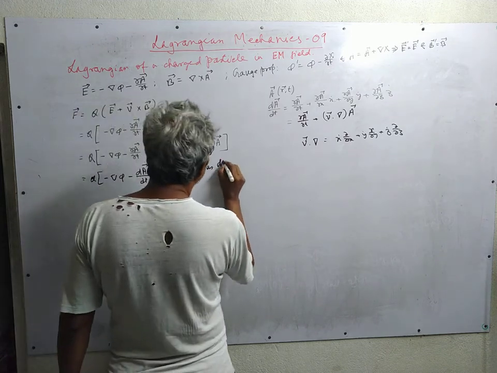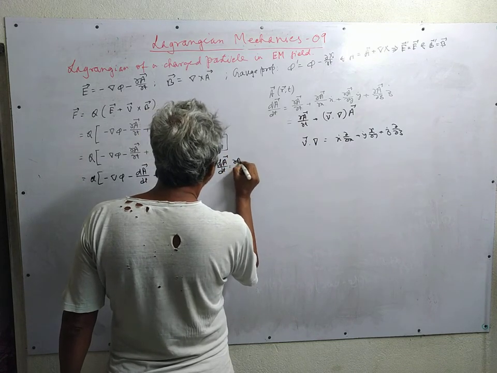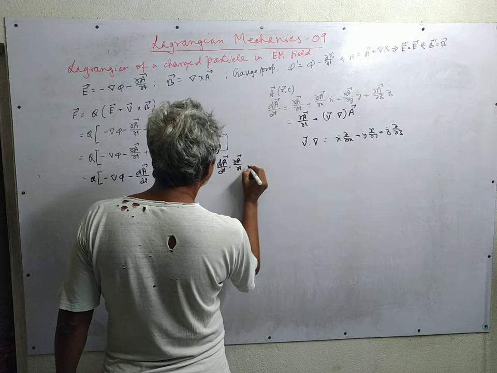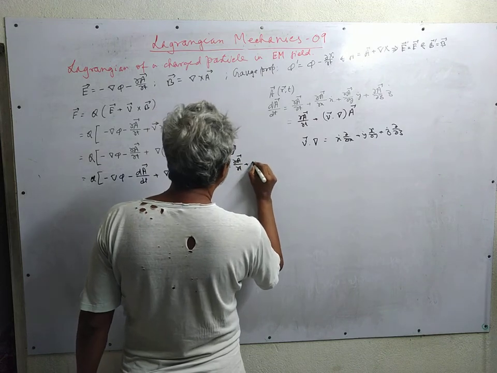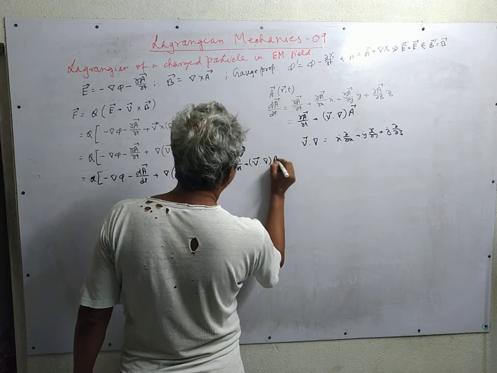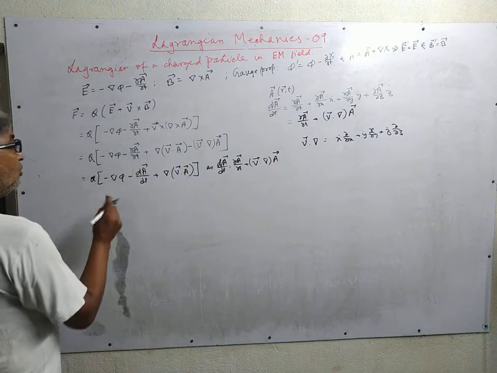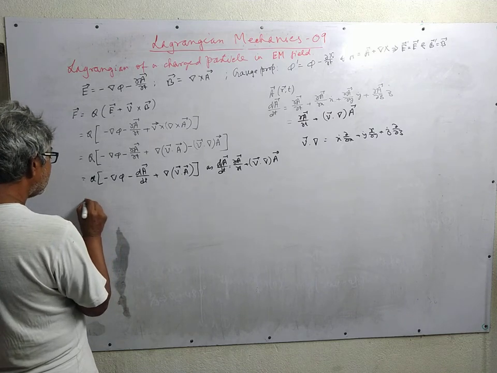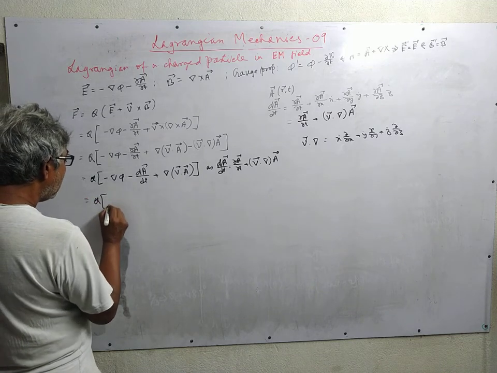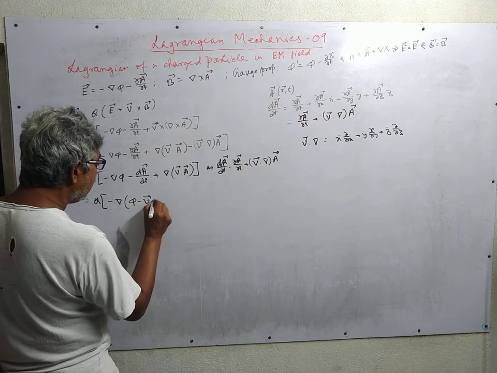As dA/dt is ∂A/∂t plus v dot grad A, now we couple these two terms. So we write q times minus grad of phi minus dA/dt.